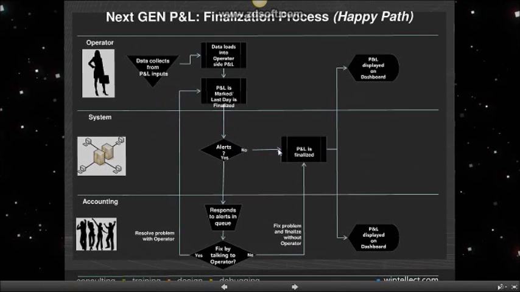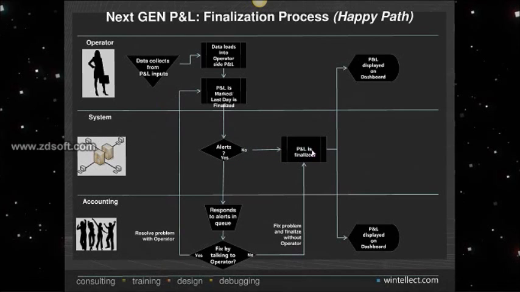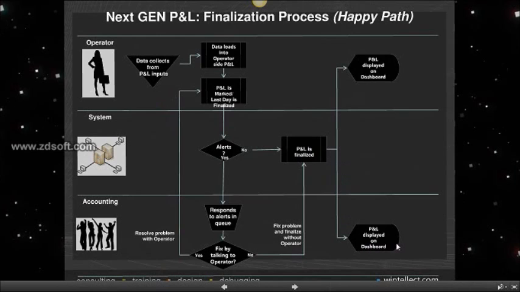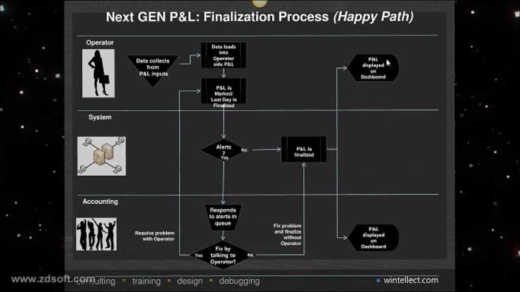And if there are no alerts, then the P&L statement is finalized, and it becomes available for both the accountants to review and for the operator to review. So very high level, this gives us a model of what we're going to be building and the processes that we need to build.